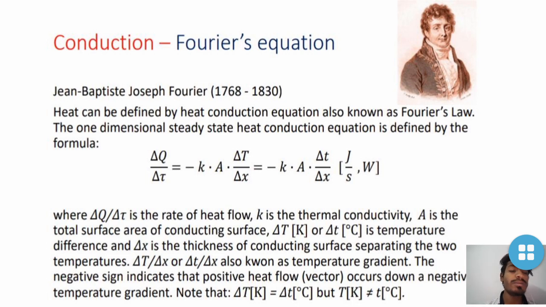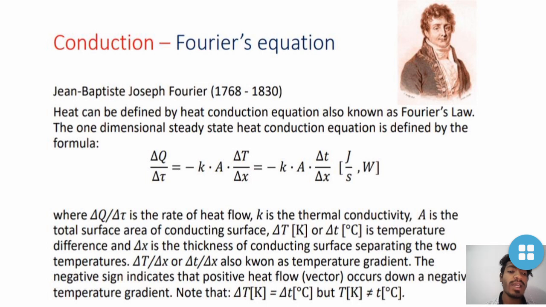Those are the units, where delta q by delta tau is the rate of heat flow, k is thermal conductivity, A is the total surface area of the conducting surface, delta T in Kelvin or delta t in degrees Celsius is the temperature difference, and delta x is the thickness of the conducting surface separating the two temperatures.